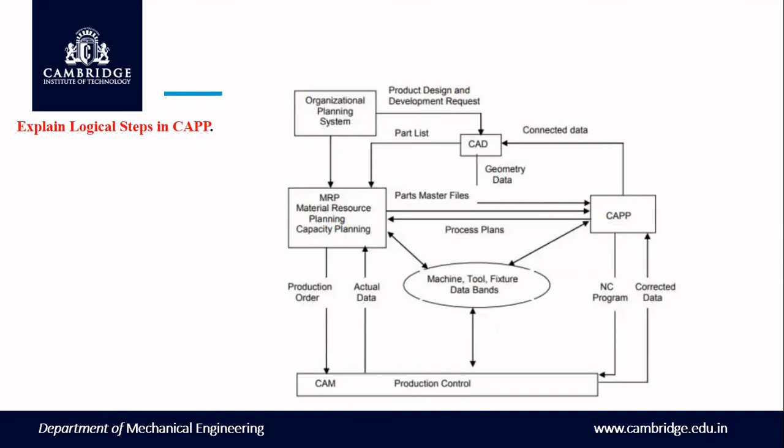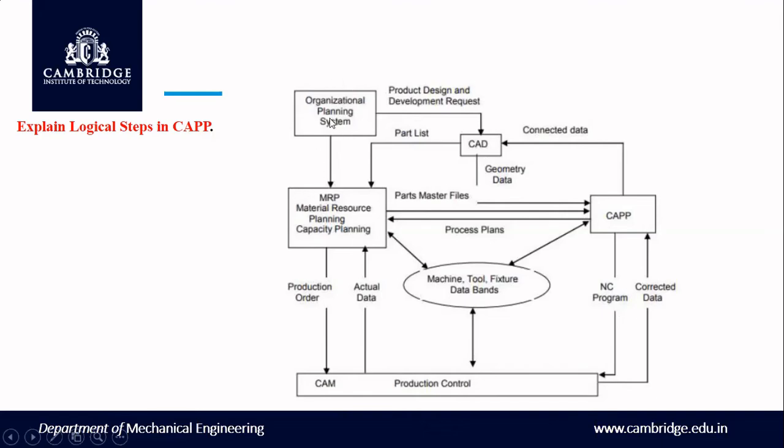One part goes to the designers. One part goes to the shop floor people, and then you have to develop and connect with respect to all the things. Lastly, you can do the control of production. Also, everything can be done. This is how exactly the whole process goes in the company. That is the logical steps in computer aided process planning.